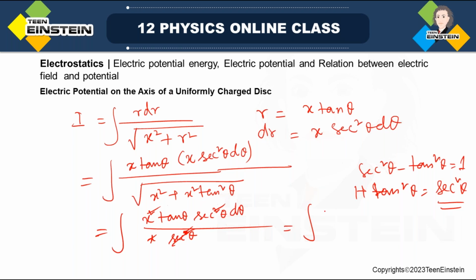Look what we get: the integration of x sec theta tan theta d theta. The x will come out since it is not a variable. The integration of sec theta tan theta will give just sec theta plus some integration constant. Anyway, we'll take the limit after putting in the value.